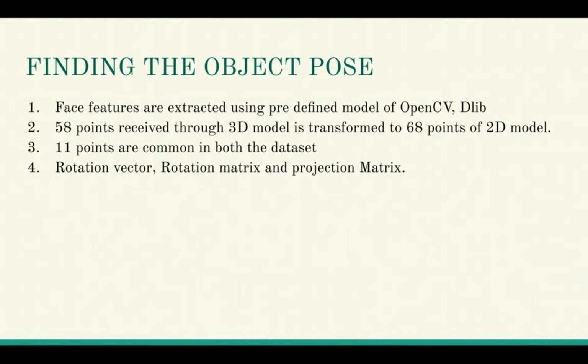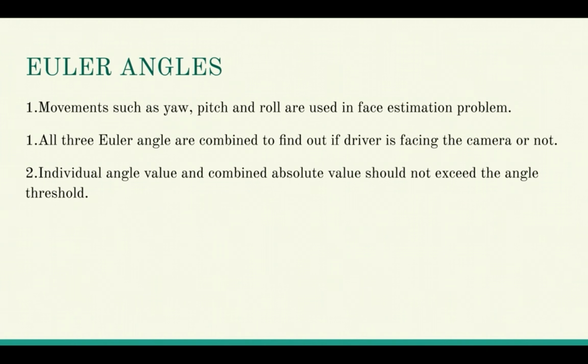The 3D model which is captured has 58 points for the face features, and some points are the same in the 3D and 2D model, and these 58 points are converted into 68 points. Finally, the rotation vector matrix and projection matrix are also calculated.